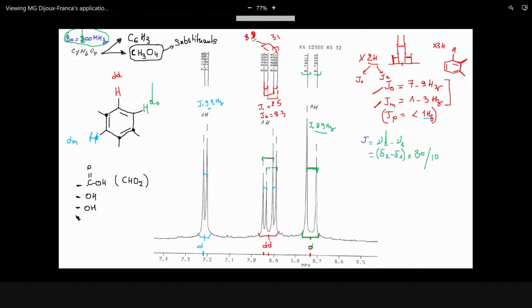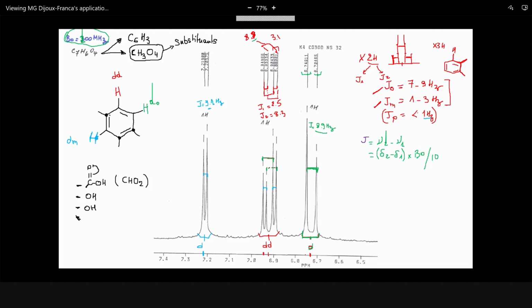It will depend on the chemical shift of the different protons. The blue one is the more deshielded. And then the red one, and then the green one is the more shielded group. So that means that the most deshielded proton should be close to a deshielding or withdrawing group.